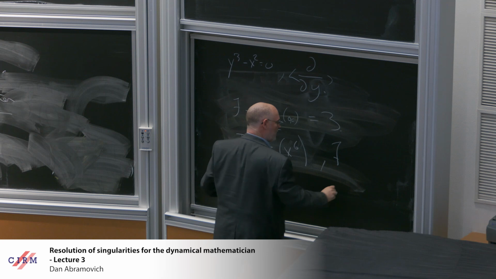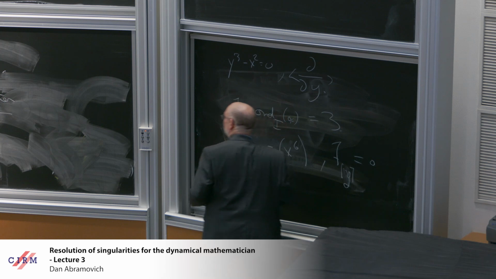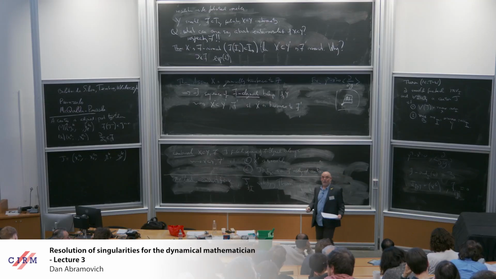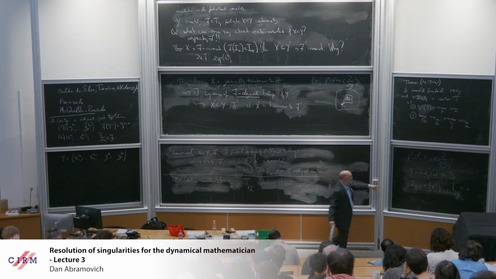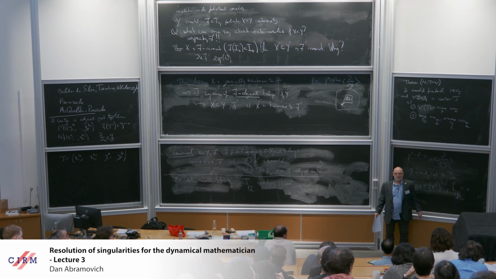F is the zero foliation. So what's the F order of this? How many times do you take a derivative from this to get a unit? Infinite, right?